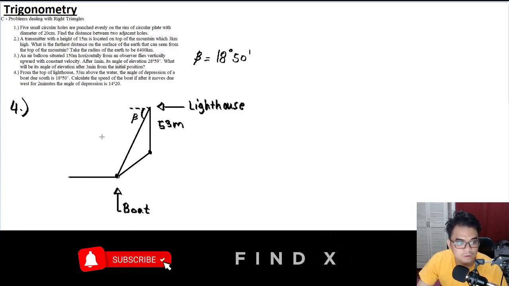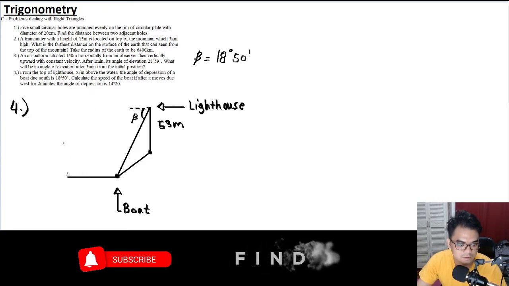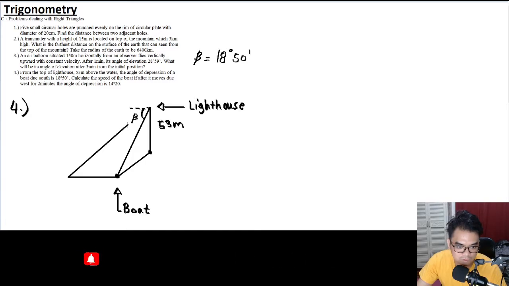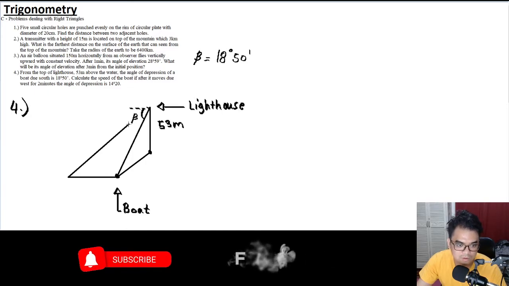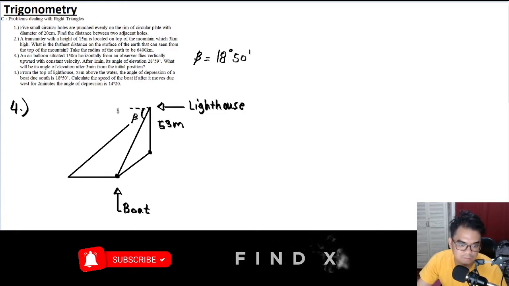The angle of depression changes. So we can make another line here. This line will be connected. How do I connect this one? So it will be connected here, right? There you go.